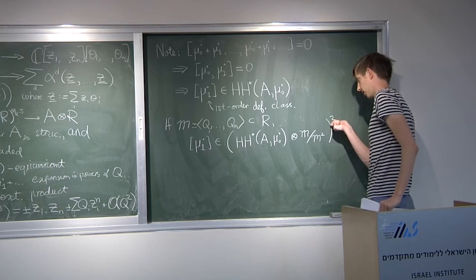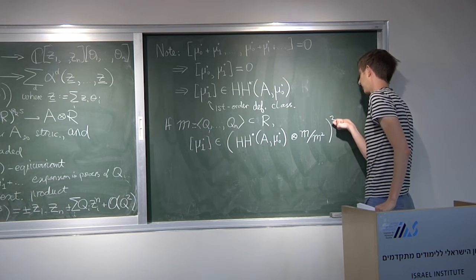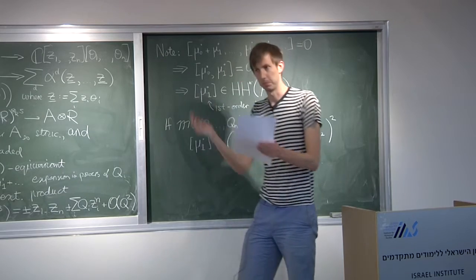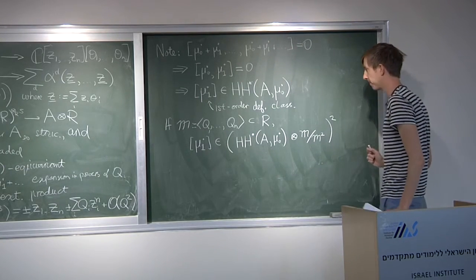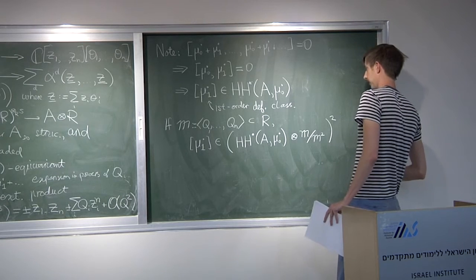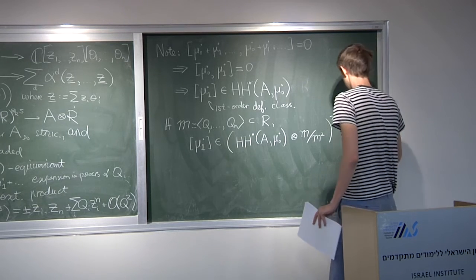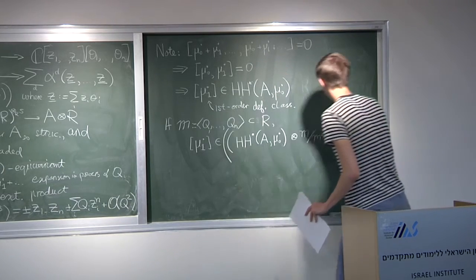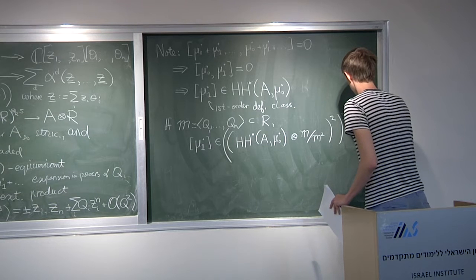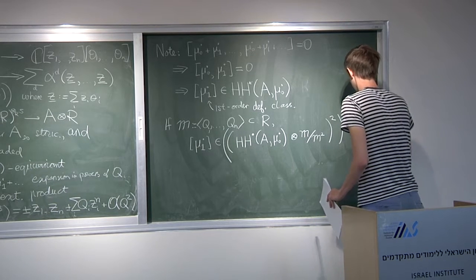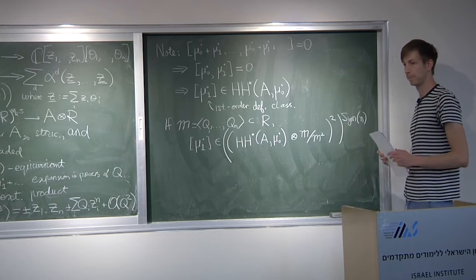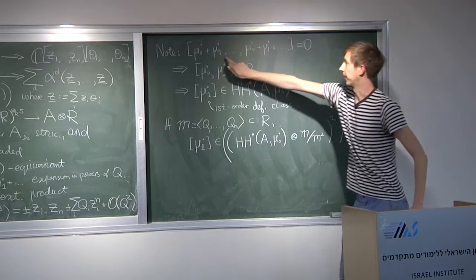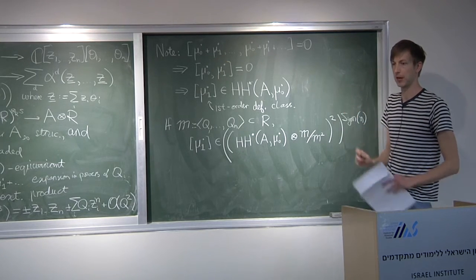The point I want to make is that this thing has degree 2 with respect to our grading in this big abelian group, because this whole thing has degree 2 in Hochschild cohomology.